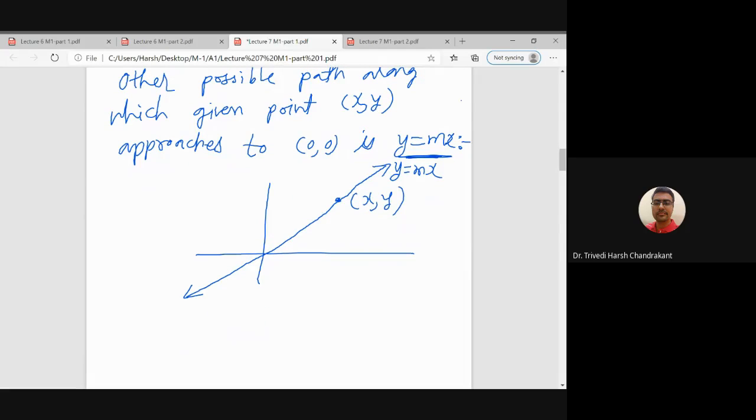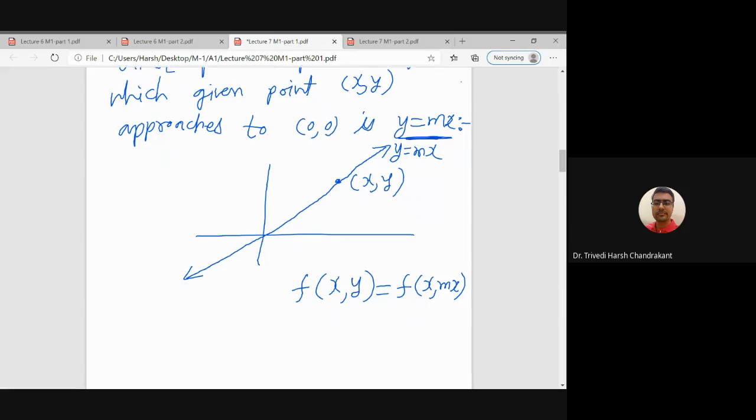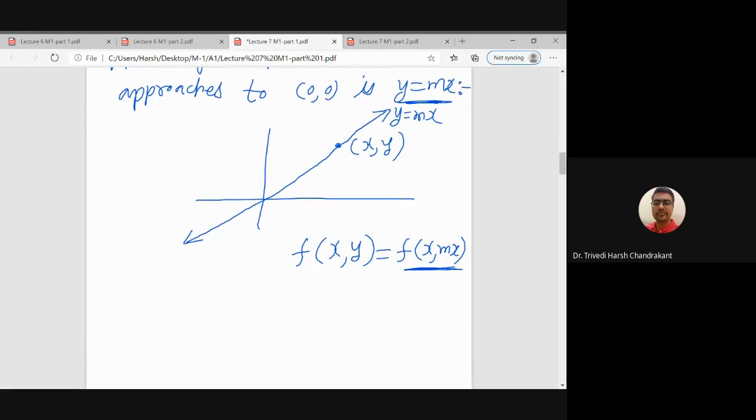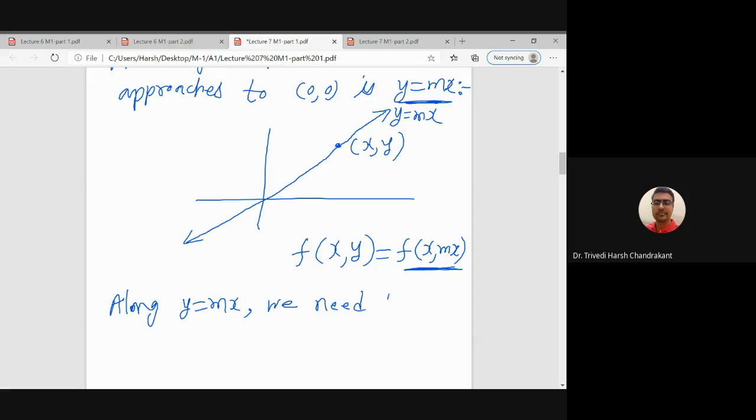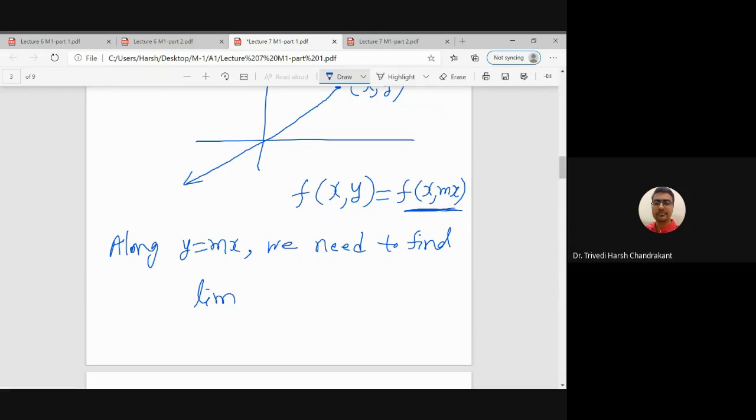So along this line, if we substitute y equals mx in the function, then our function f(x, y) becomes f(x, mx). So now it is a function of only one variable. Therefore, along y equals mx, basically we need to find the limit of f(x, mx).